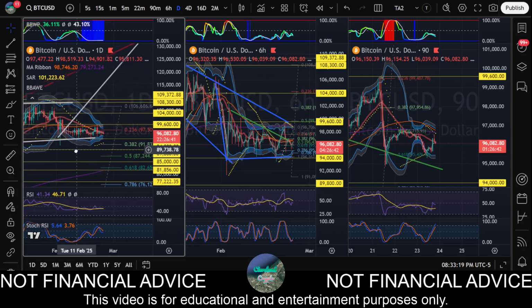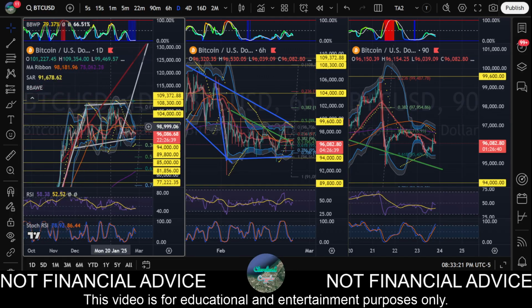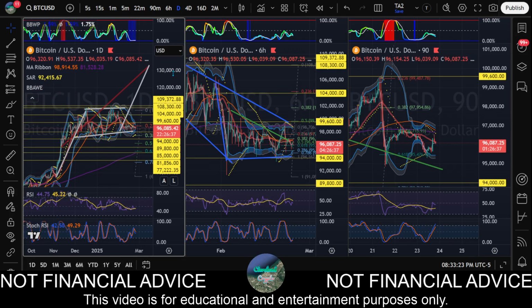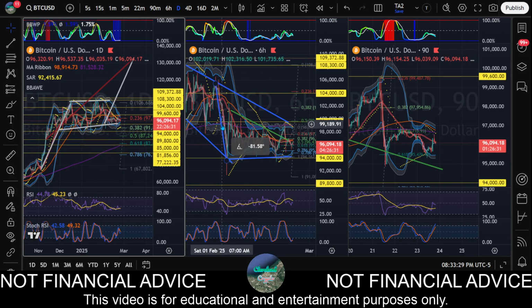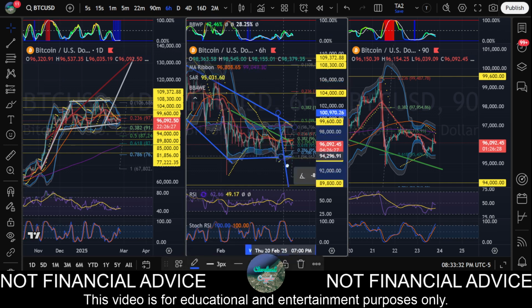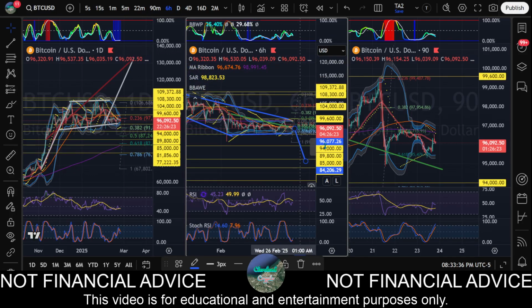You know the measured moves. If it breaks out up, the big bull flag here on the daily is up to 130, up in the 130s. If it breaks down, the measured move to the downside would be from this bear flag down to about 84.